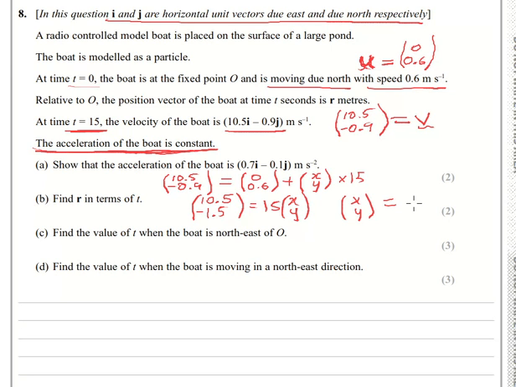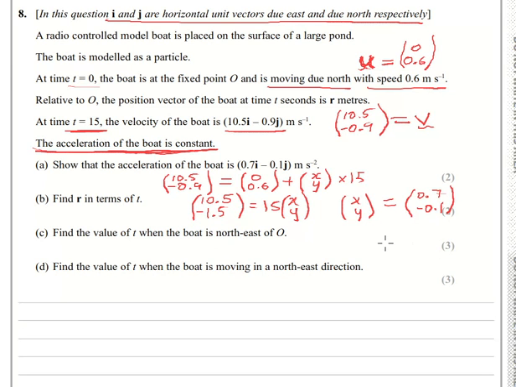Now I'm going to check it on a calculator because I want to check that I've definitely got the answer. Yep, that does indeed give me 0.7 for the x coordinate. Minus 1.5 divided by 15 is obviously minus 0.1, just as they said I would get. And so that completes part A.